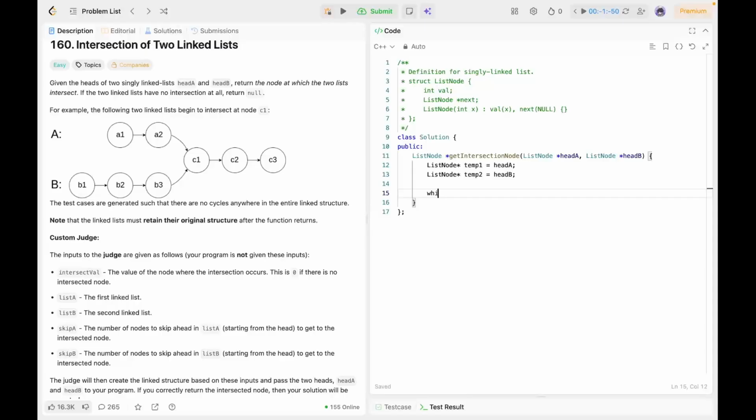And what we need to do is, until my temp1 is not equal to temp2, I will keep going on. This is what our base condition will be. So we will keep going on and keep comparing the values. In the while loop, what we need to do is move our temp one by one. So I will move my temp1 to its next, and at the same time I will move my temp2 to its next.